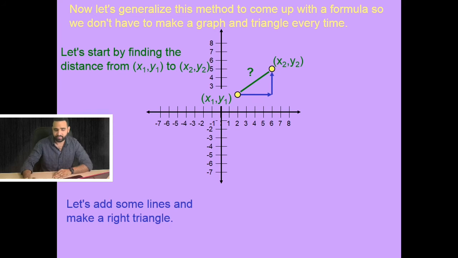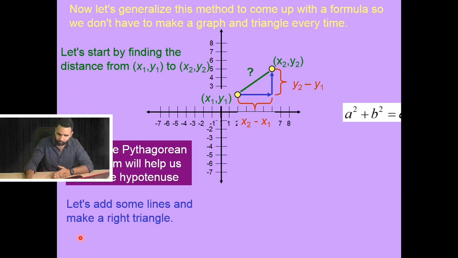The first step, I will add some lines to make a right angle triangle, okay? Now we have a right angled triangle with 3 sides. The length of the first side we can find by x2 minus x1, and the other side's length by y2 minus y1.